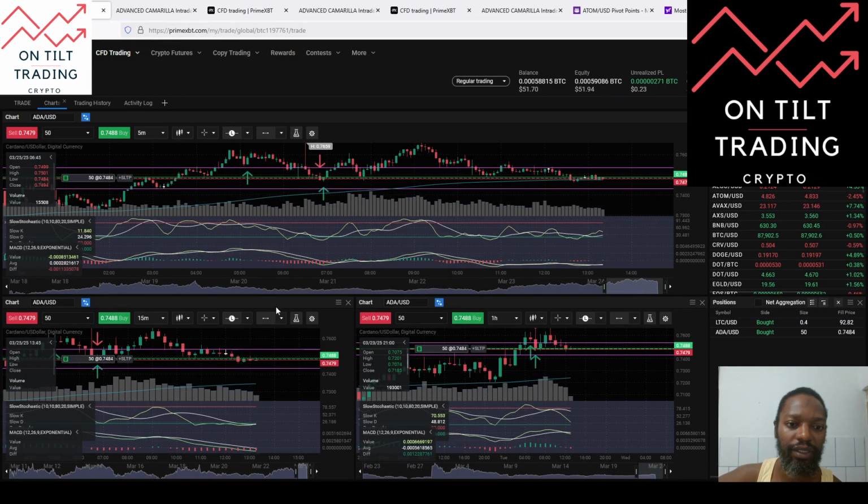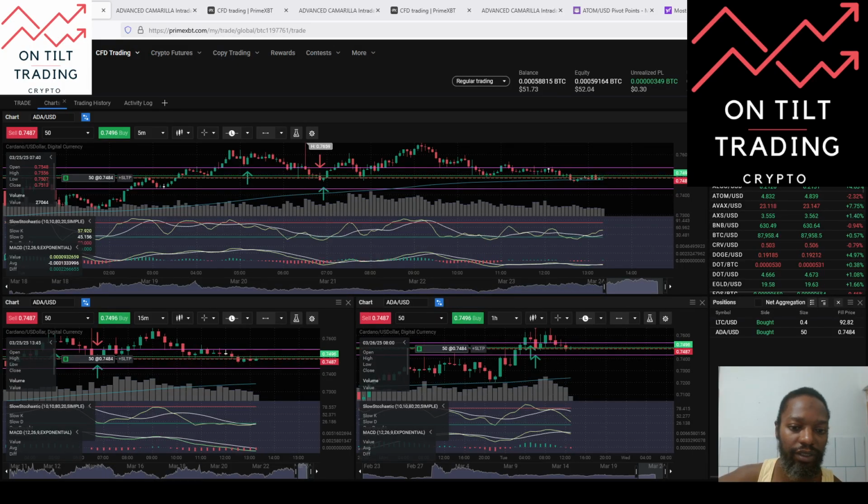So we can see Cardano. We'll just take a look up here at the 5 minutes since it's easier. So first entry up here, definitely FOMO, stopped out right here. Second entry here, much better. And this is actually, we can see we're holding a level right here, right at about entry.